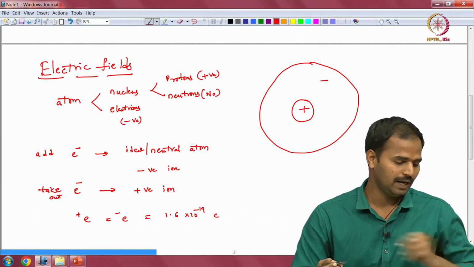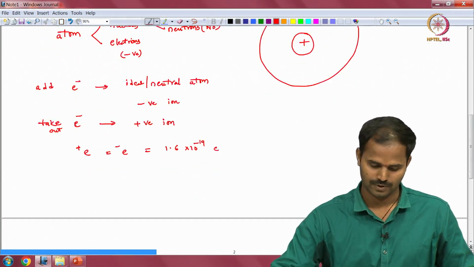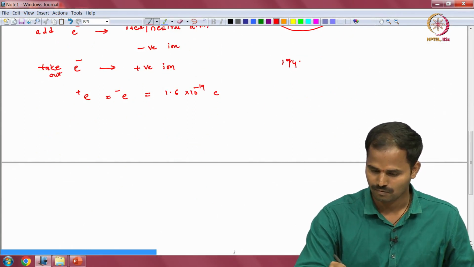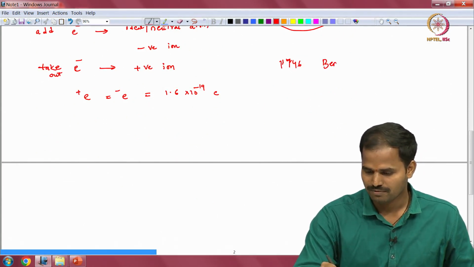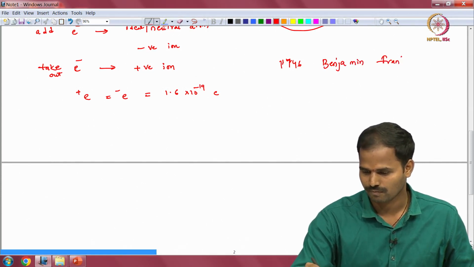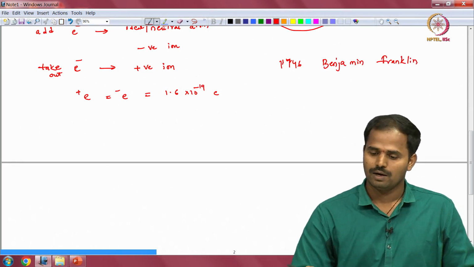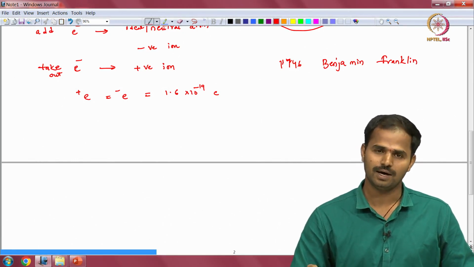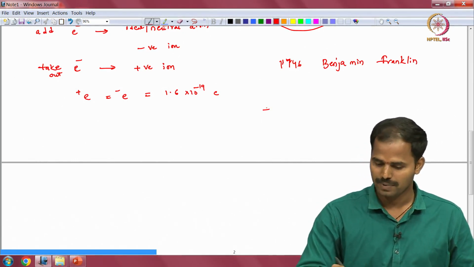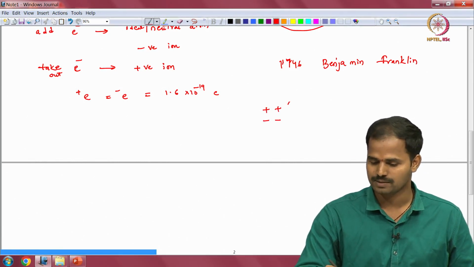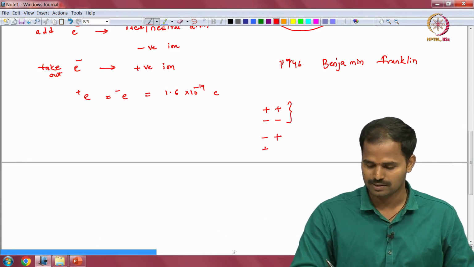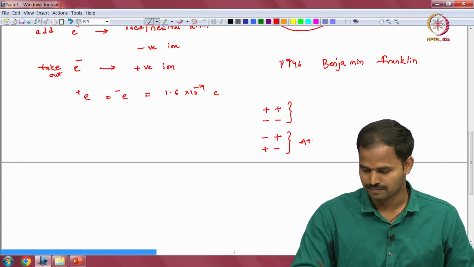Benjamin Franklin, in 1746, gave the conclusion that positive charges will repel each other, or same sign charges will repel each other, either plus plus or minus minus, and opposite charges like minus plus and plus minus will attract each other.